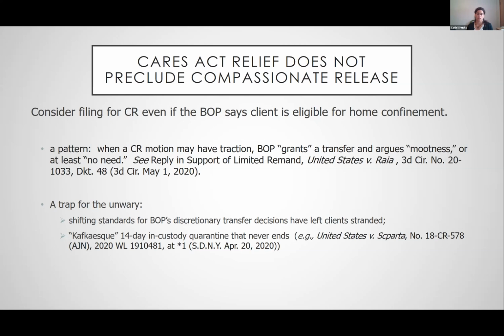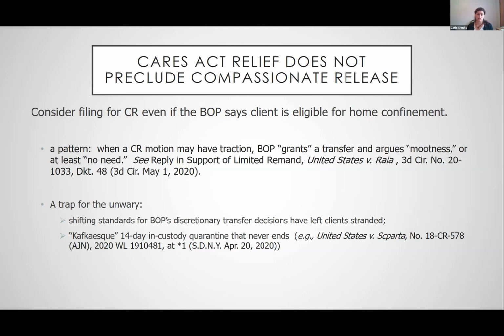And so I've heard stories about where a client was told they were eligible and would be released, so they didn't pursue a compassionate release. Then the BOP changed the standards for the home confinement under the CARES Act and then withdrew their approval. So then they had to start the compassionate release process. So I think you can do both at the same time. They're two separate avenues of relief.